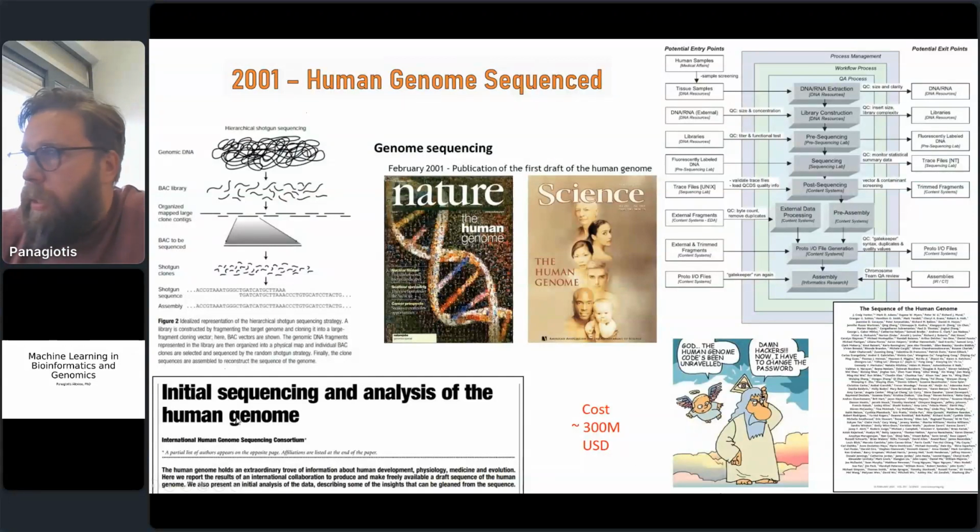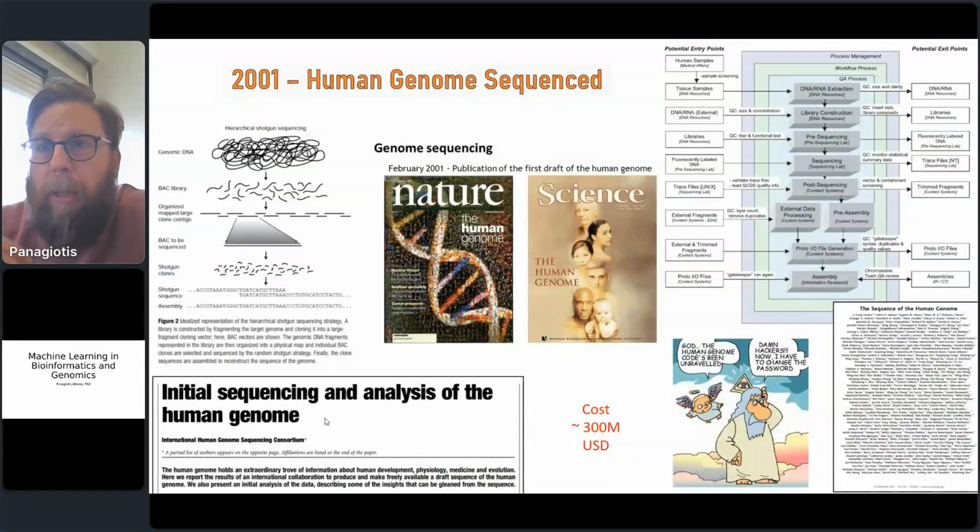This big international consortium has the governments and research institutes and so on, and it took about 10 years to produce the human genome.